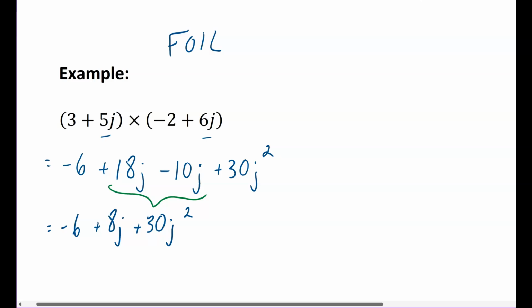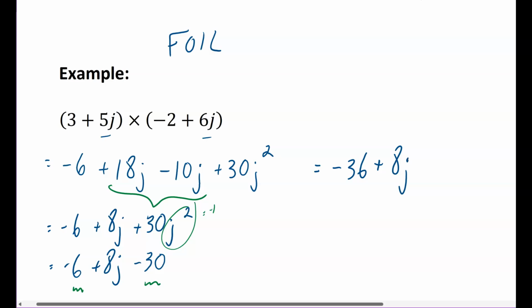And lastly, we do know that j squared is equal to -1, and so this will be 30 times -1, so this turns into -6 plus 8j, subtract 30, and we have two more like terms, and so therefore this answer is -6 minus 30, which is -36 for the real part, plus 8j for the imaginary part. And we should be expressing the answer in the same form, the rectangular form, a plus bj.